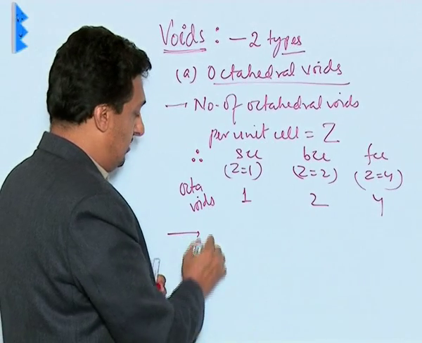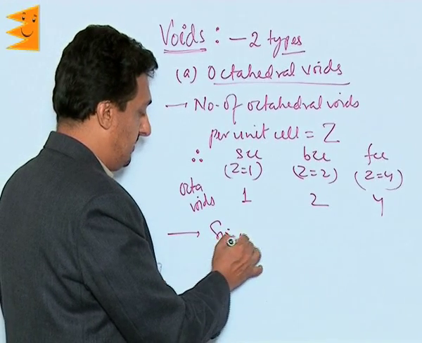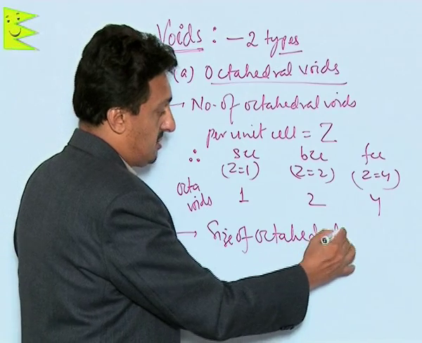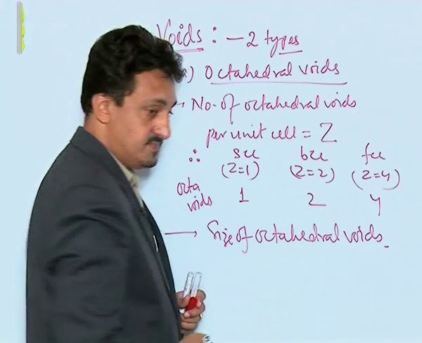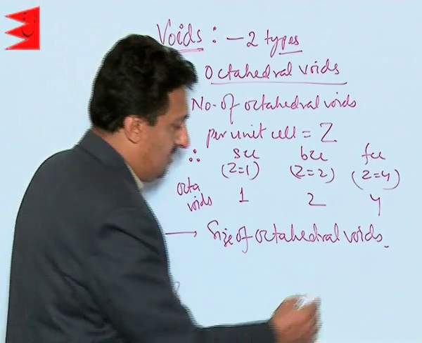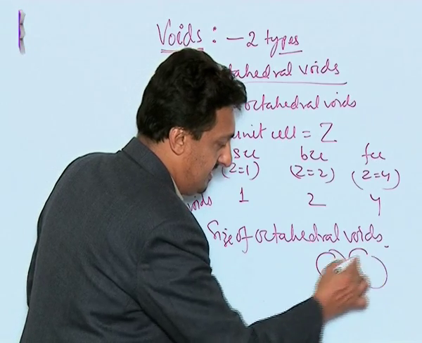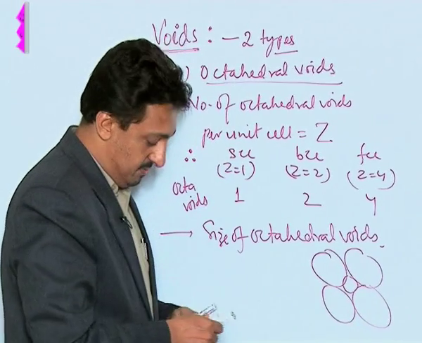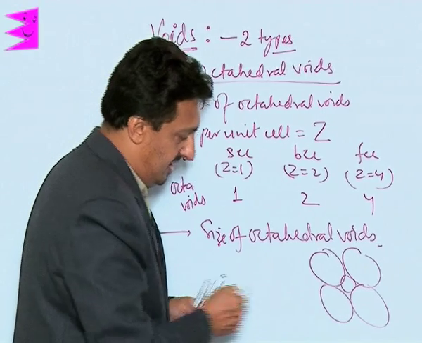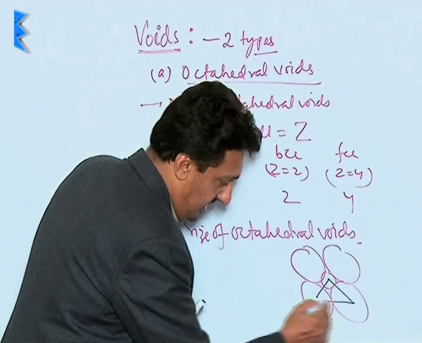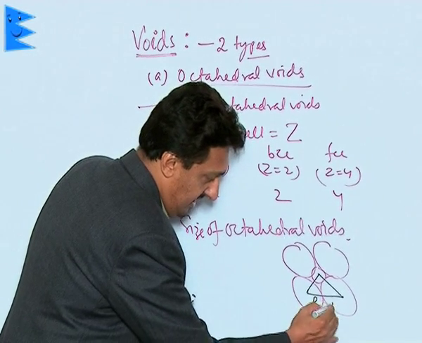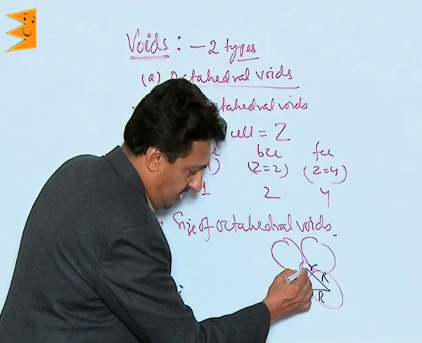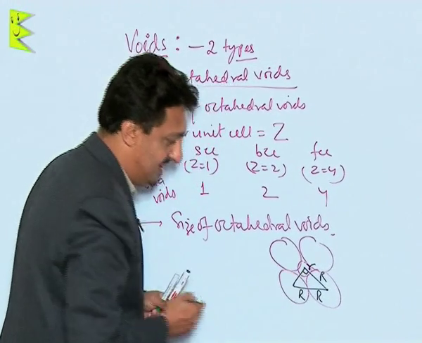Then you need to know the size of octahedral voids. Octahedral voids are the ones which are lying at the center of these 4 particles. So basically it is this triangle we can draw. If this is R, this is R and this is small r, this is at an angle of 90 degrees.